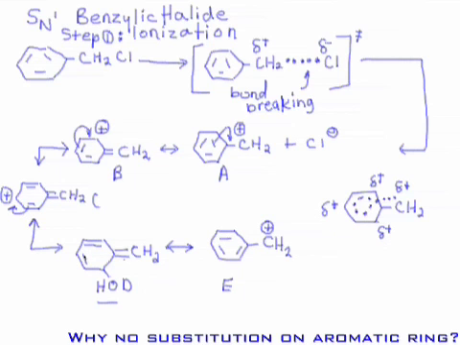Aromatic rings are especially stable. They're stabilized and low energy. Because of this, such disruption is high energy and won't occur. So substitution at the positive charges found in resonance contributors B, C, and D does not occur because it would permanently disrupt aromaticity.